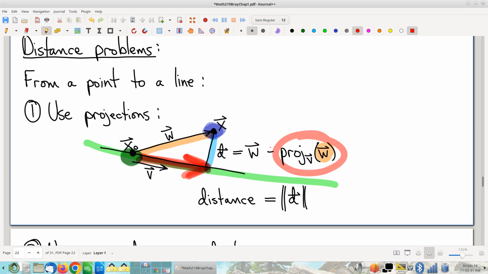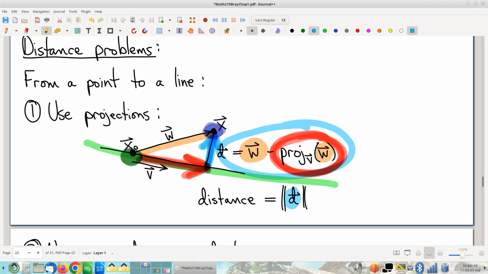And once you have that projection, notice then that this difference, orange minus red, is going to give you that blue vector. And then, of course, all we need is the magnitude of that blue vector.